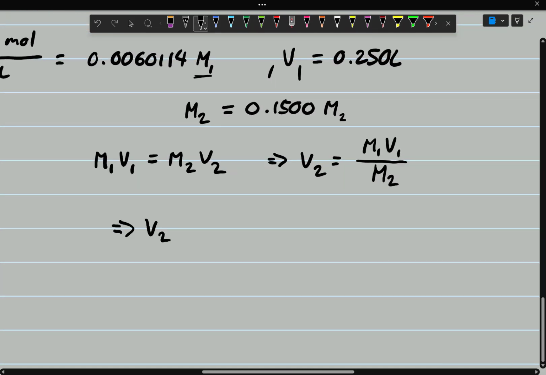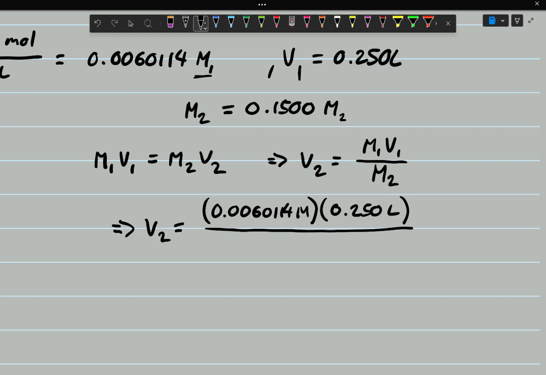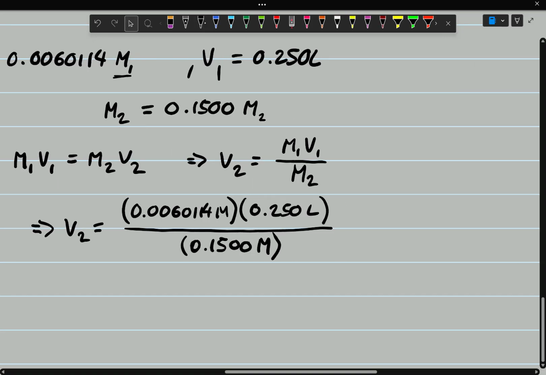We get that V2 is equal to 0.0060114 molarity multiplied by 0.250 liters, all divided by 0.1500 molarity of our NaOH.